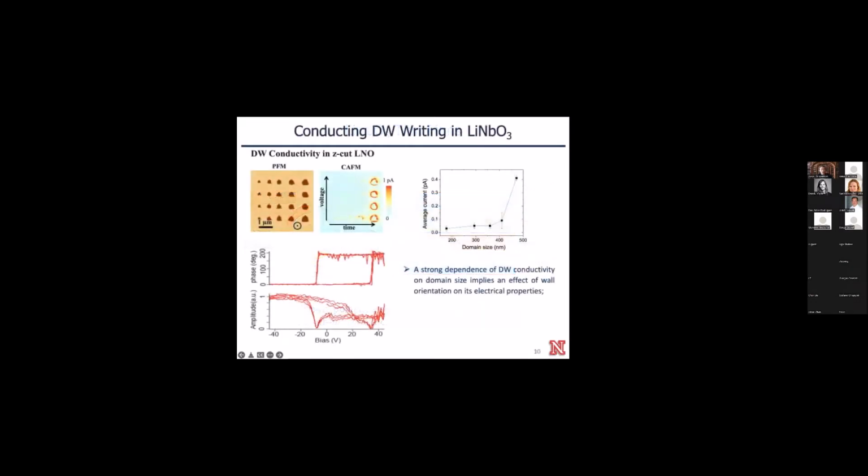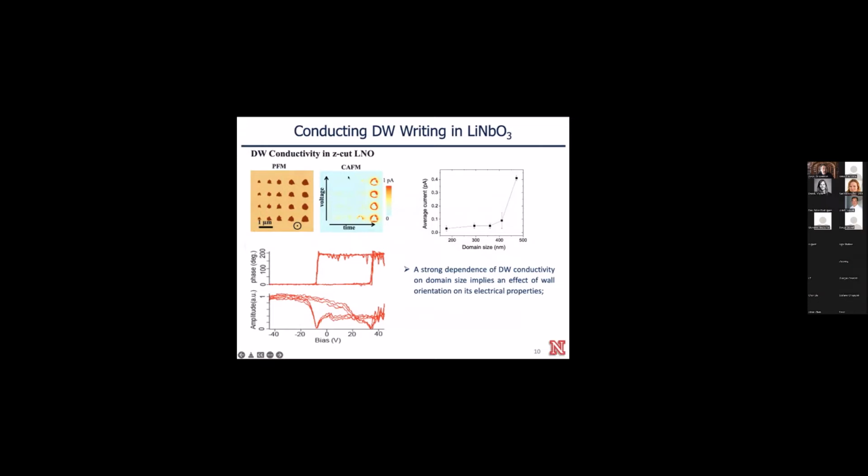So we did first preliminary testing of the switching of the polarization in these lithium niobate films using scanning probe microscopy techniques. The resulting domains shown here have been visualized by means of piezoresponse force microscopy. It's a well-known method for delineation of the domains in ferroelectric materials based on the piezoelectric effect.